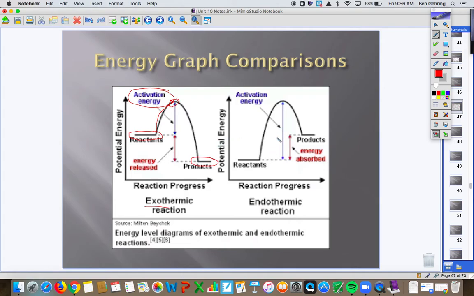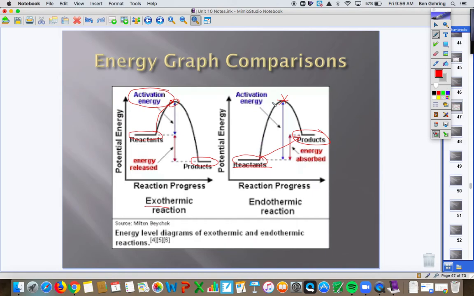On this one, my reactants have a given amount of energy down here. My products have more energy, so they have to absorb energy. But I still can't just go from reactants to products. It doesn't work like that. We have to jump up higher. We have to meet this mark, which is the amount of energy needed to break these bonds.